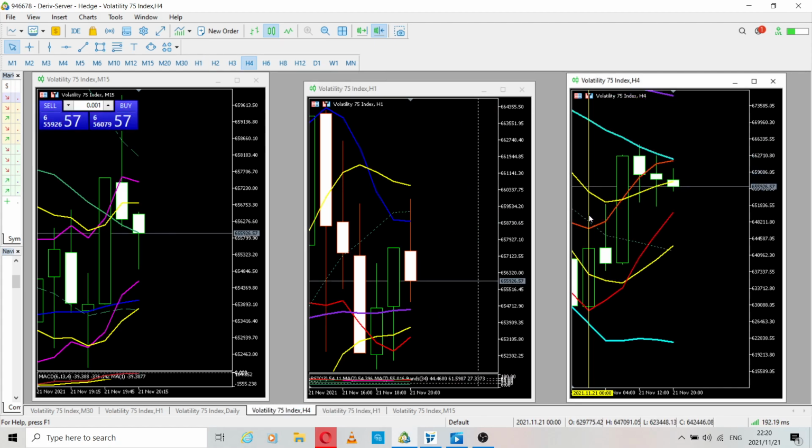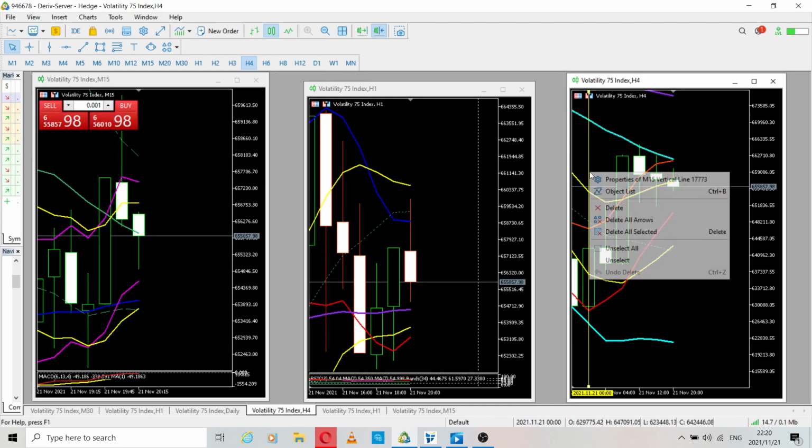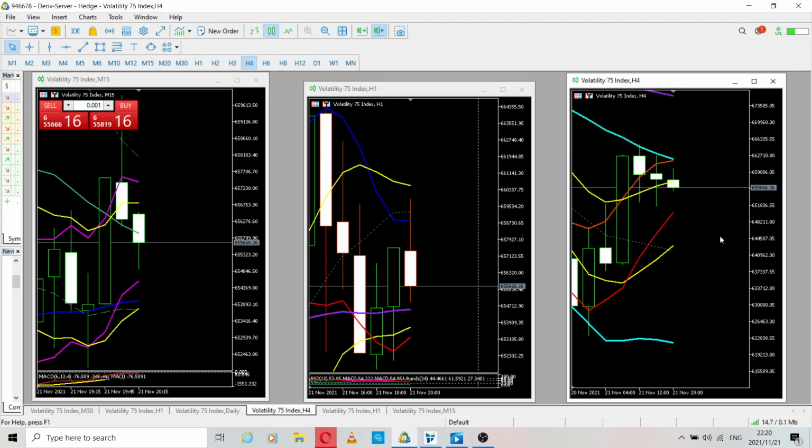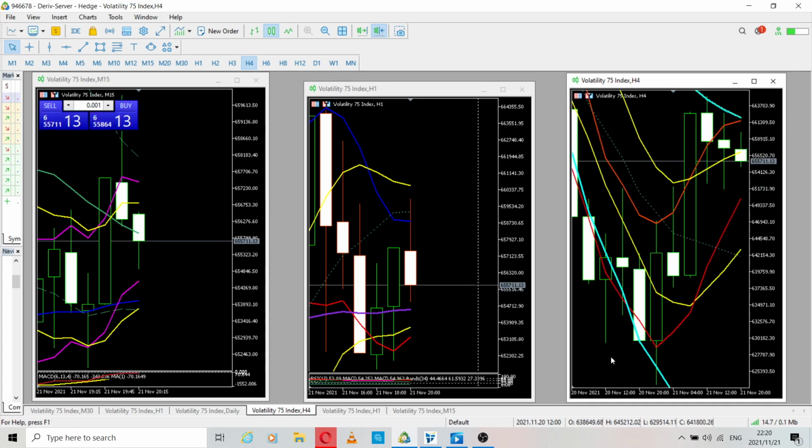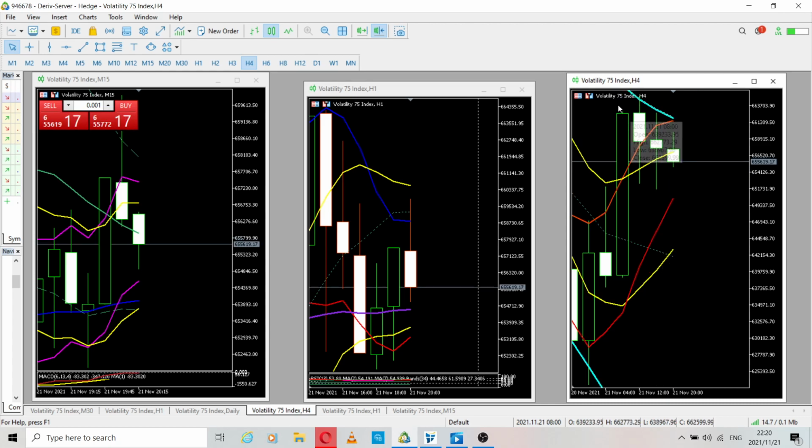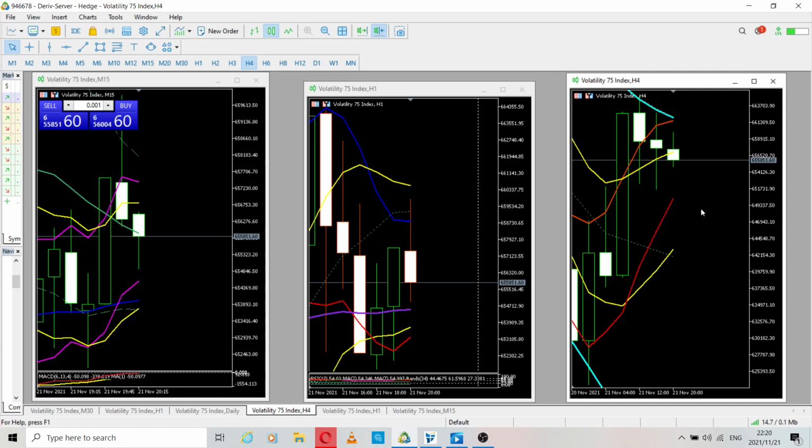Like now, if I'm going to have a trade here, I'll be looking at, okay, I have a CSM. Then the market gave me a CSD there. So the market might be coming to create a re-entry to go to the upside.